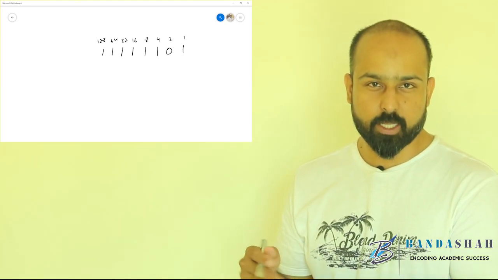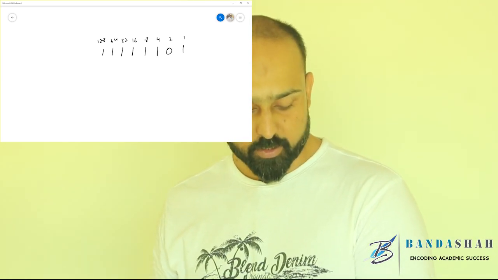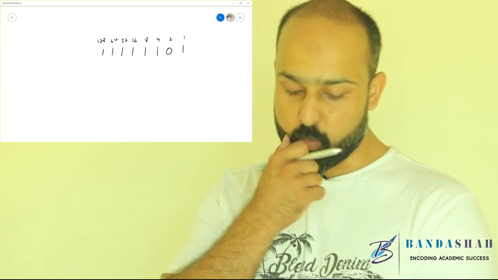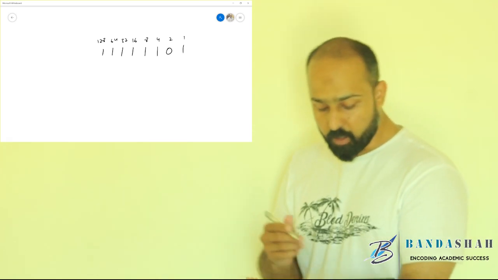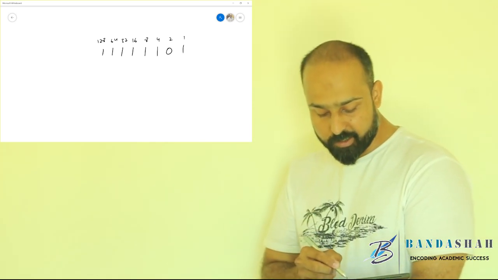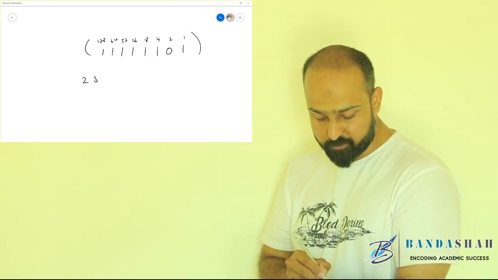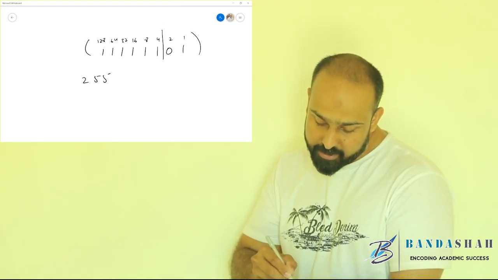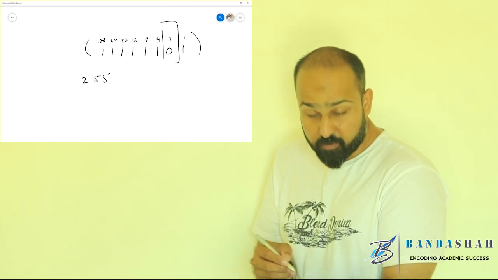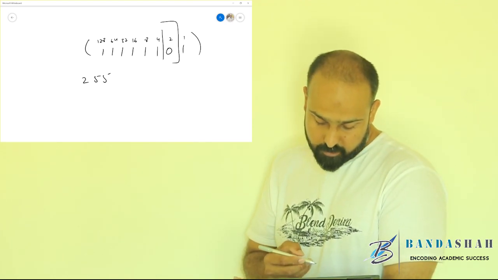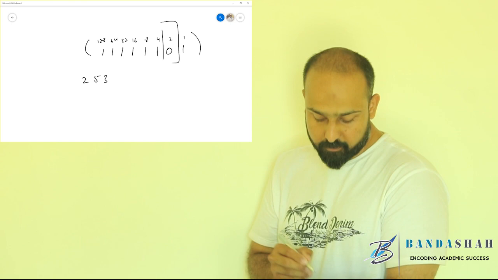Instead of adding all of them up, 128, 64, 32, 16, 8, 4, 2, and 1, you know that if you switch on all the bits, it will make 255. What is the piece that is missing? It's only 2. So 255 minus 2, the answer must be 253.